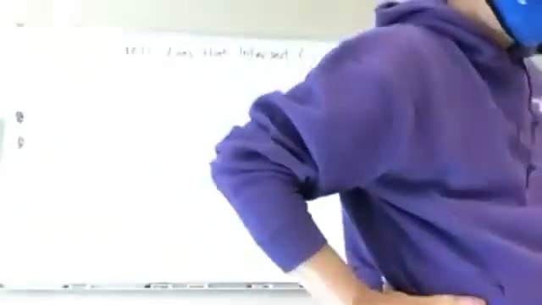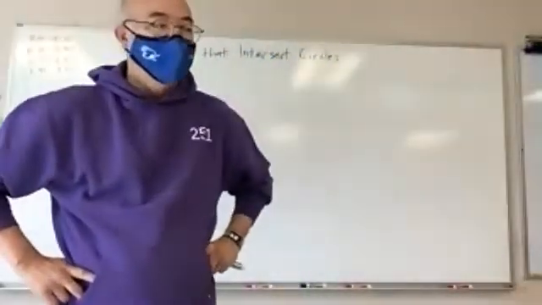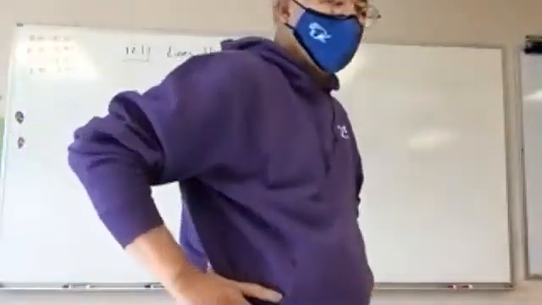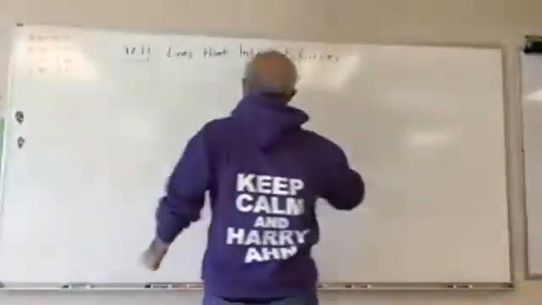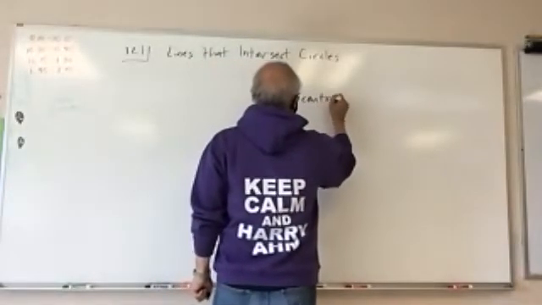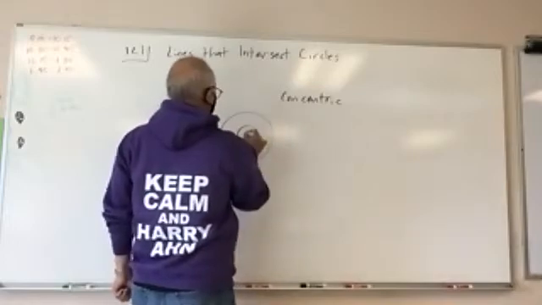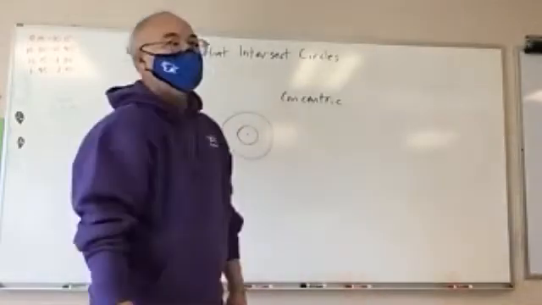Two circles are congruent if and only if they have congruent radii. Obviously, if the radii are the same, they're the same circle, right? That makes sense. Concentric circle, concentric. Con meaning same, centric meaning center, right? Concentric. So you have two circles that share the same center, concentric.